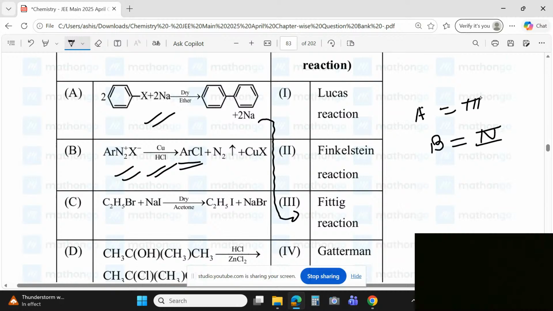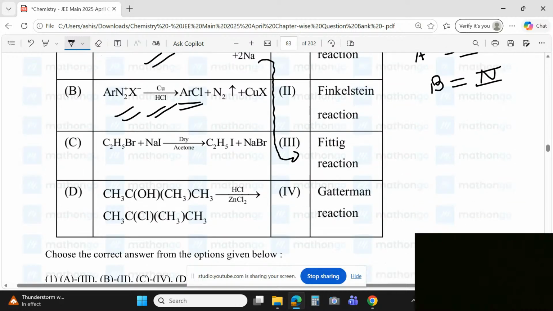Next one is C2H5Br with NaI in acetone. That is a halide exchange, the Finkelstein reaction. So C has the second option, and D is the example of the Lucas test.